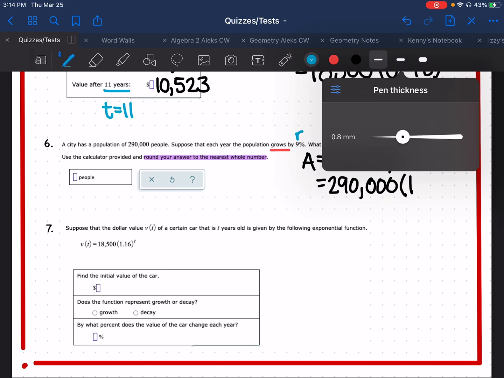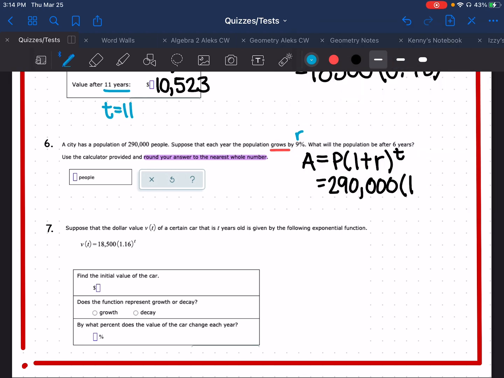It's right here, the decimal, and I move it 1, 2 to the left. And so my rate is going to be 0.09. So I'm going to add that on. And my time is the 6 years that they were asking for.